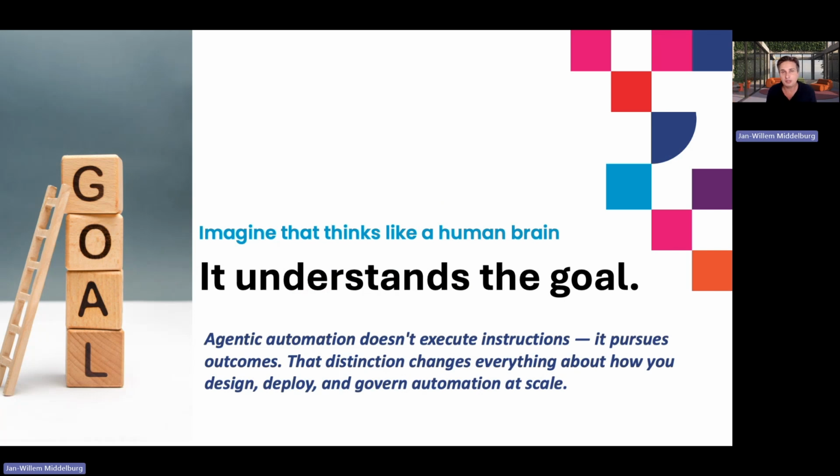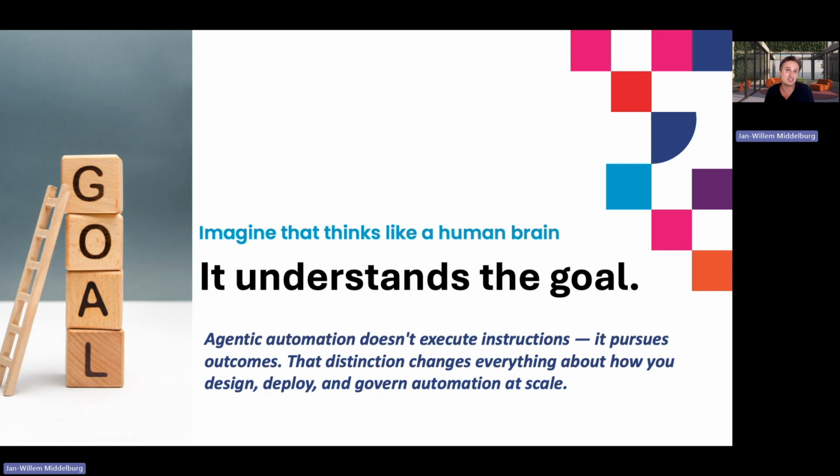So the shift that we're trying to accomplish as part of the move towards agentic automation is to allow workflows to use a little bit more of their imagination and to let them think and execute more like a human brain.